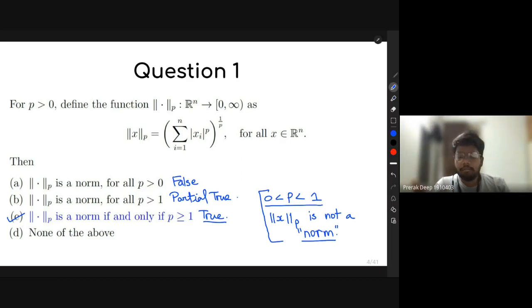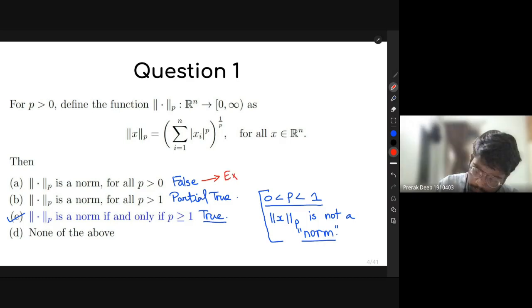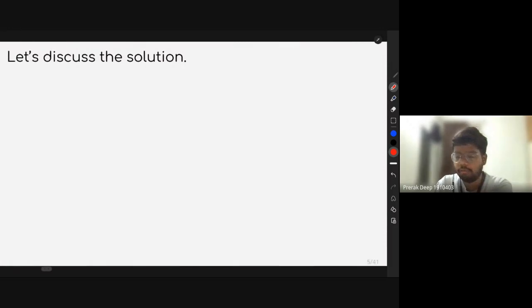You cannot have a norm when p is between 0 and 1. That's why statement c is completely true. So in order to prove why the first statement is false, we need to give an example, and we will prove the c part. Okay, let's move on to proving this.